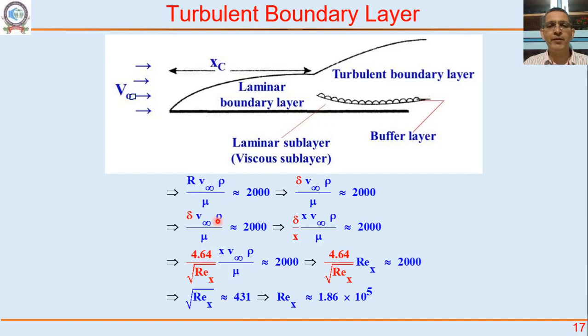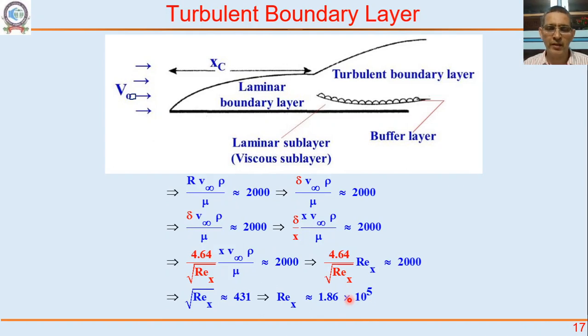So delta V infinity rho by mu is 2000. Delta by X, X rho V infinity by mu is 2000. Now delta by X from Blasius is 5 by square root Rex, or 4.64, the more accurate one, X rho V naught. So if you rearrange, you will find that at Rex of 1.8 into 10 raised to 5, typically 2 into 10 raised to 5 or 3 into 10 raised to 5, the flow becomes turbulent.